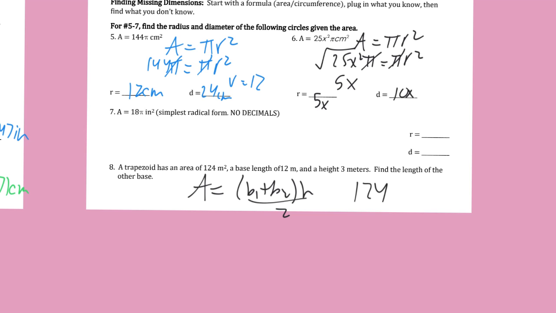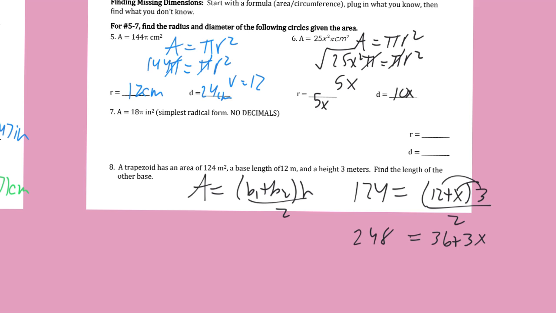You get 124 equals one of the bases, doesn't matter which one, it's going to be 12 plus x, and then times 3 over 2. Multiply both sides by 2, you get 248. And that equals 36 plus 3x. Then you minus 36 from both sides.